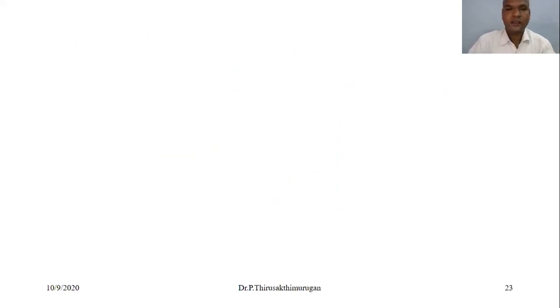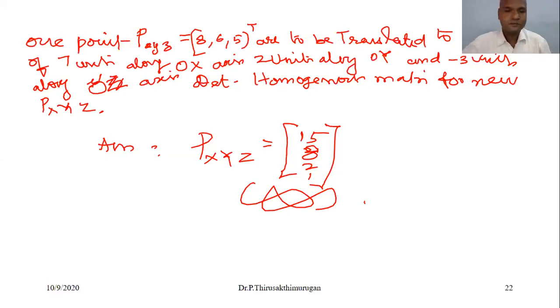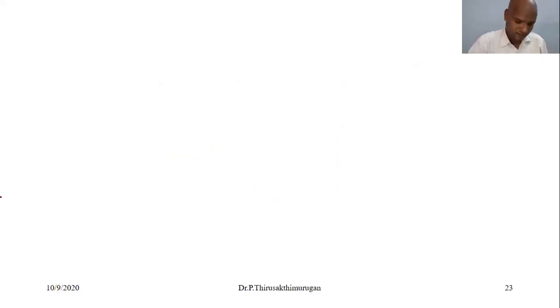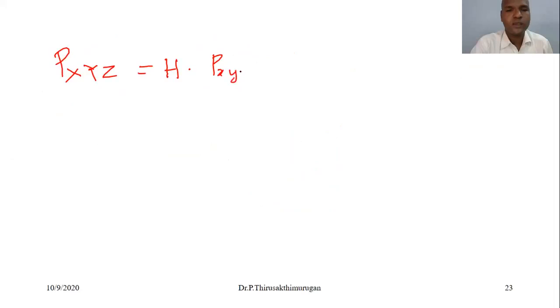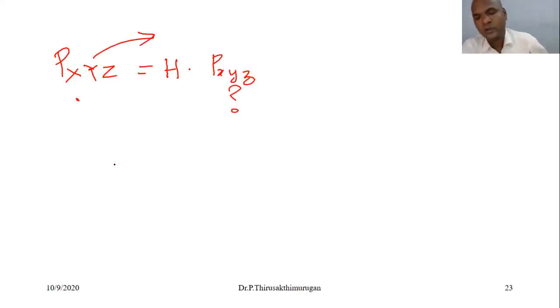Then suppose we have discussed P capital X, capital Y, capital Z equal to the homogeneous matrix of P small x, small y, small z. Suppose in the reverse manner, the P capital XYZ is given. So what about P small x, small y, small z?